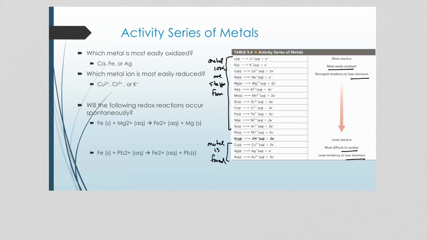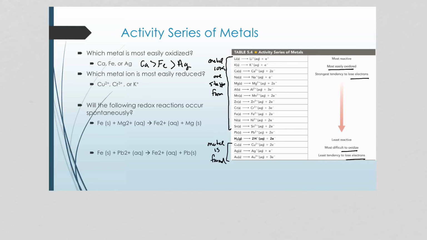Okay. So let's first look at some simple ranking. Which metal is most easily oxidized? Well, they're ranked from top to bottom, so we simply look at it and we see calcium, right? Very easy to oxidize, and your group 2 is going to be the easiest. Then we see iron, right? It's easier. Silver is way down here at the bottom. Very hard to oxidize, right?